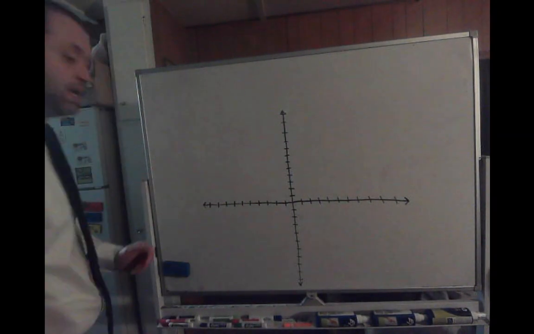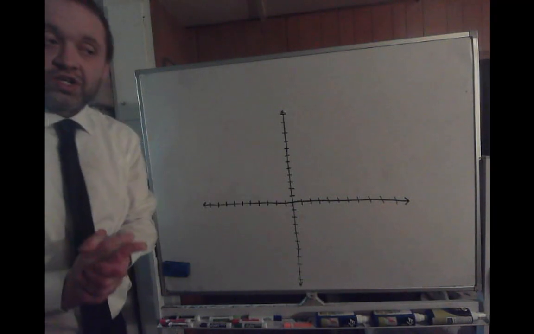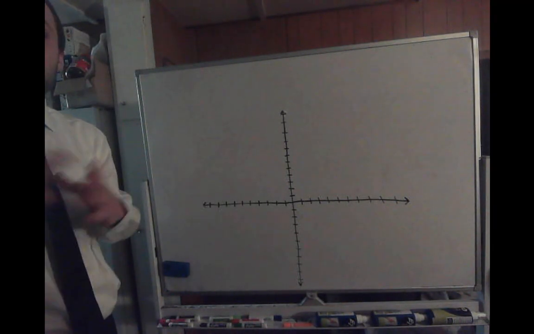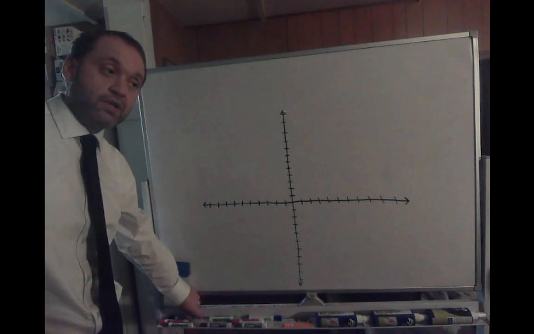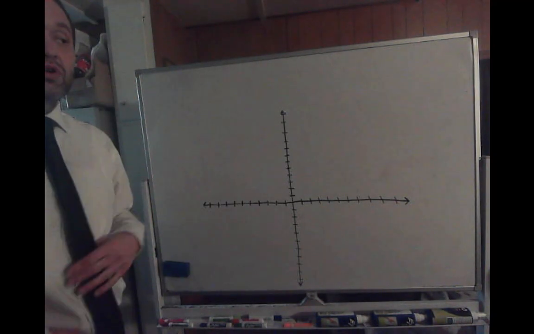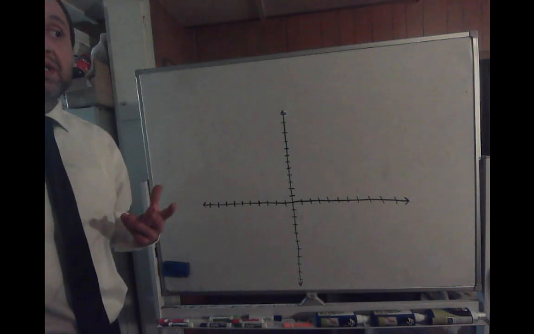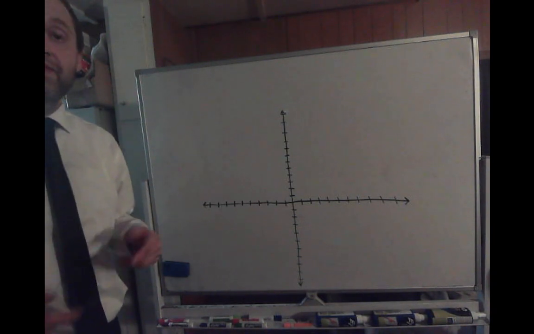So we just saw how functions occur in one variable, like g of x or f of x, right? Well, guess what? Mappings, which are essentially functions, can occur in two variables.